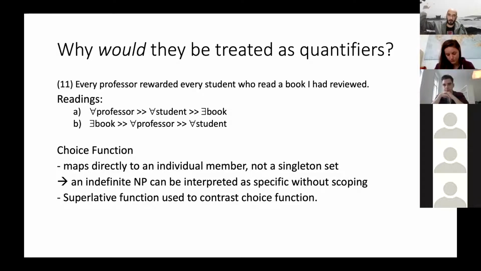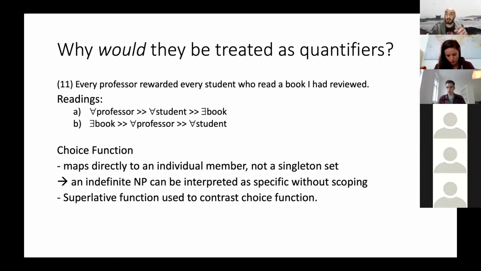So, to make this concrete with an example: if you say every professor rewarded every student who read a book I had reviewed, in the standard interpretation, a book that I had reviewed is like, there exists an X such that X is a book that I had reviewed. So if it's 1, it's fine.